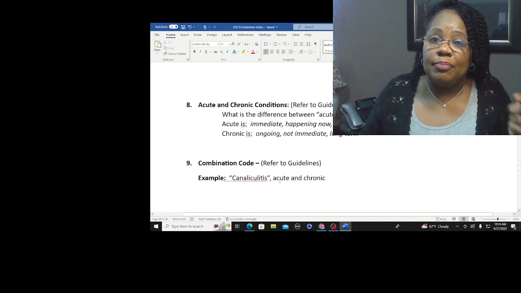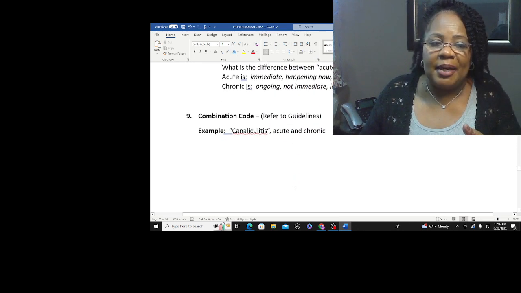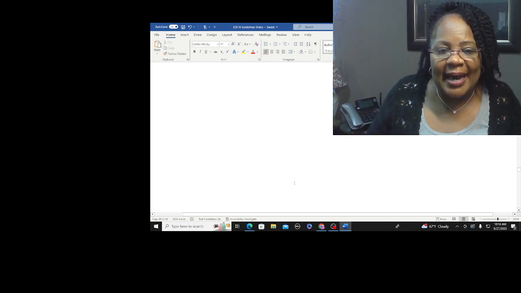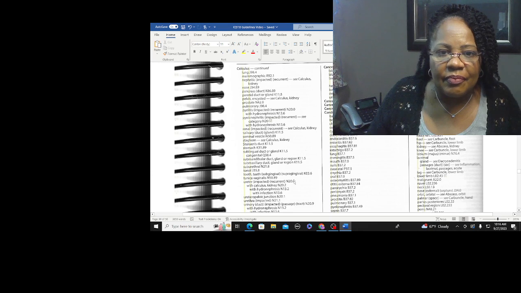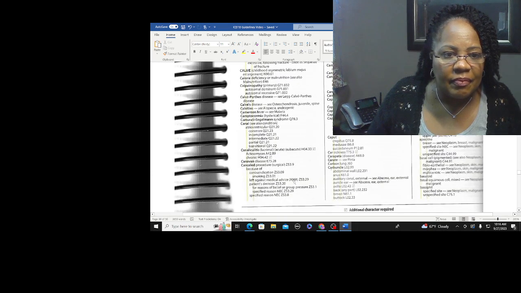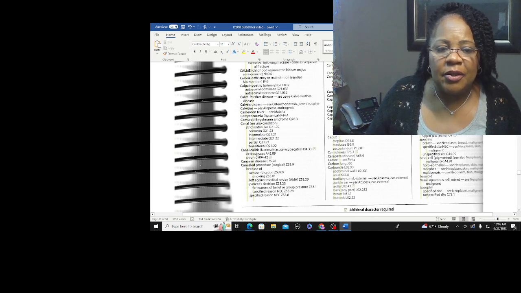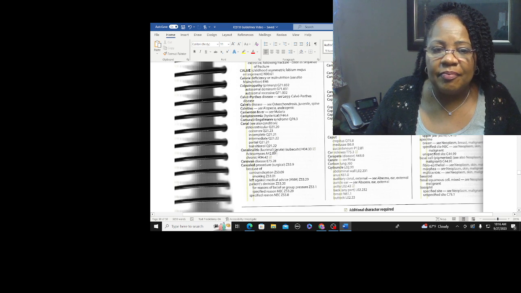This condition can be both acute and chronic in the same patient. So if we looked up canaliculitis in your alphabetic index, right there, canaliculitis. Remember we talked about non-essential modifiers beside the main term? So right here, just at the main term, it identifies acute.